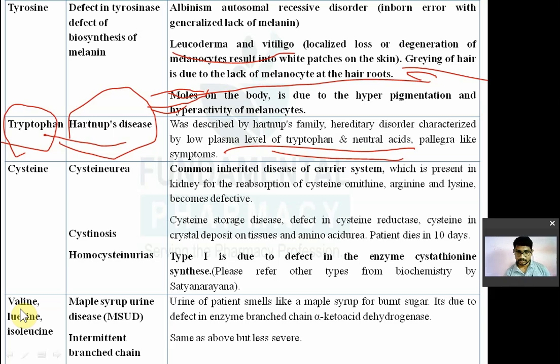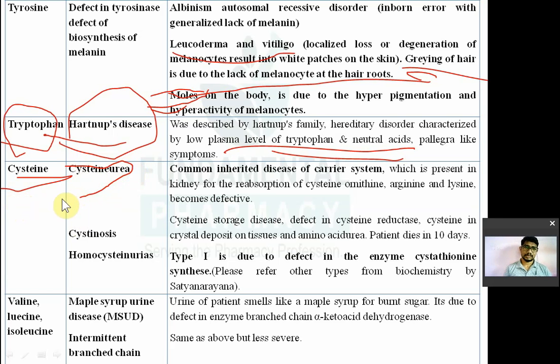So what happens in this, तो इसमें होता है कि सिस्टीन यूरिया में क्या होता है कि सिस्टीन जो कैरियर प्रोटीन लगता है सिस्टीन के लिए, सिस्टीन को ट्रांसपोर्ट करने के लिए, so that carrier protein is not there. So it is a common inherited disease of the carrier protein which is present in the kidney for reabsorption of cystine, ornithine, arginine, lysine.